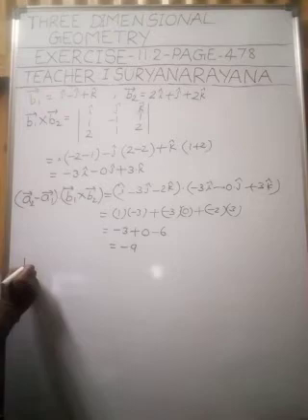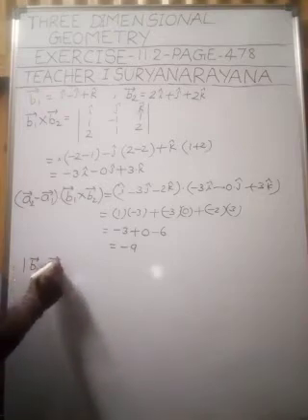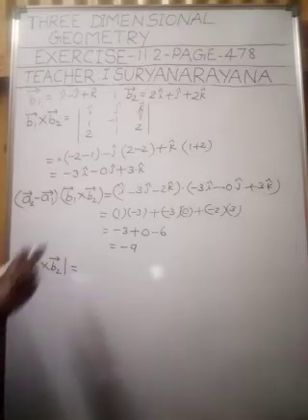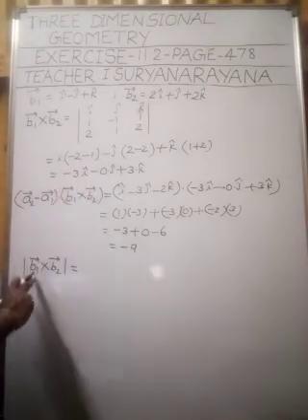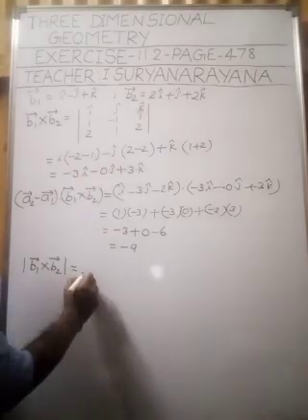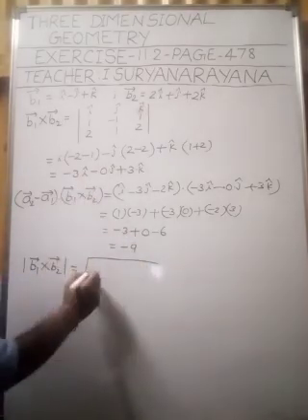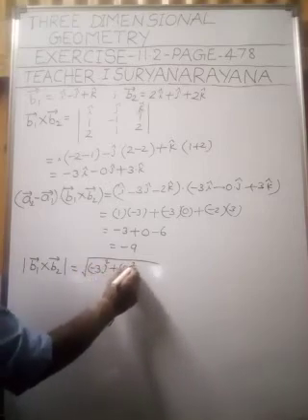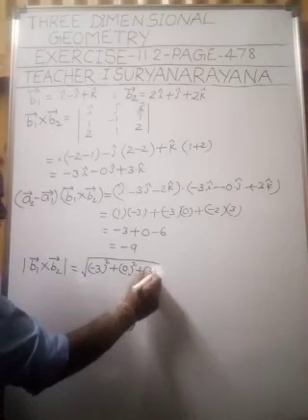Again, we have to find the modulus of B1 bar cross B2 bar. We have to find all these values to find the shortest distance between the two skew lines. Okay, my children. So we have already found the vector B1 bar cross B2 bar. So we have to find its magnitude. Square root of minus 3 whole square plus 0 whole square plus 3 whole square.